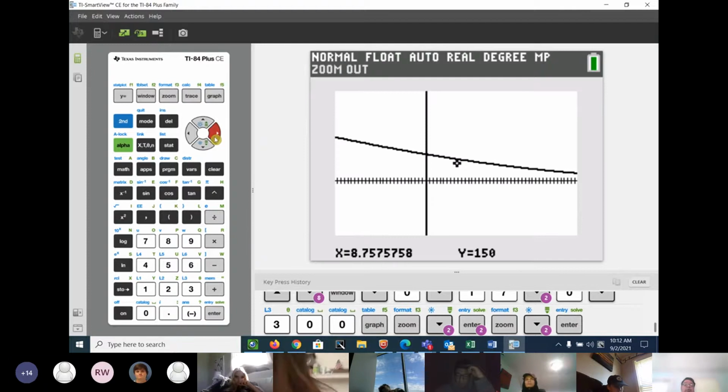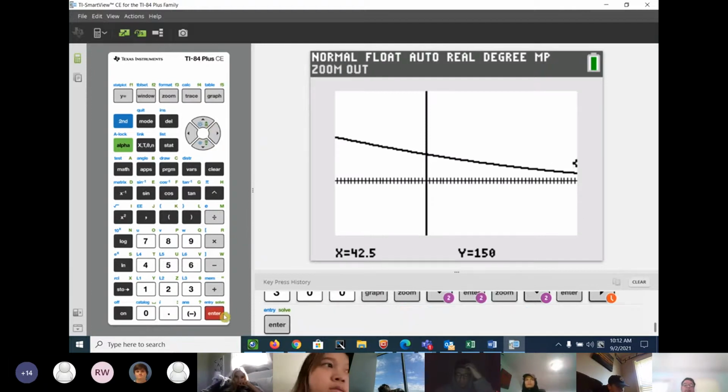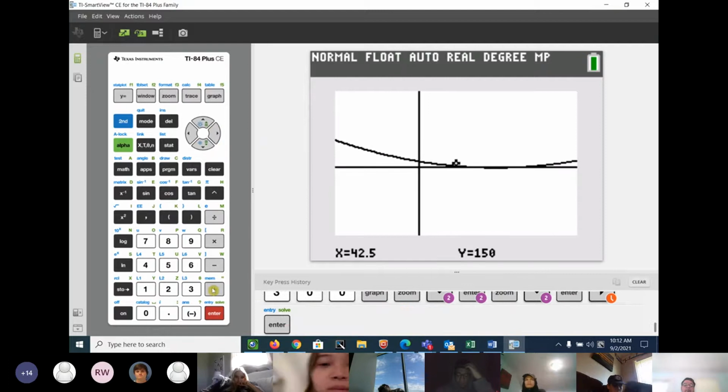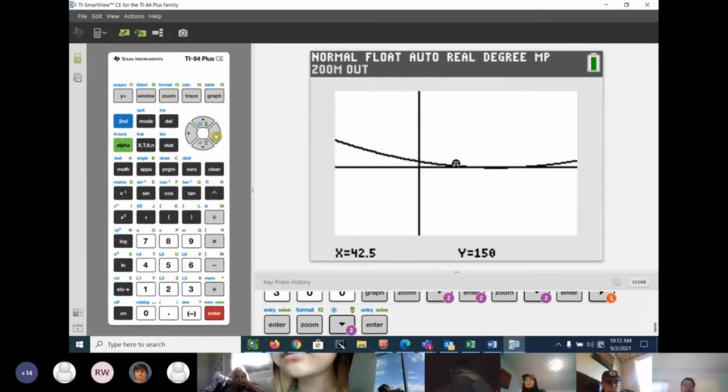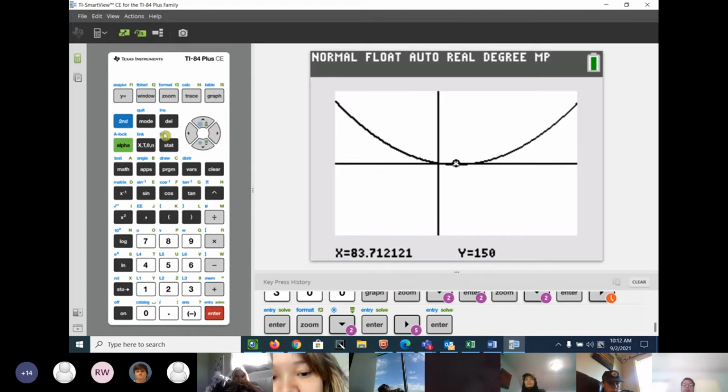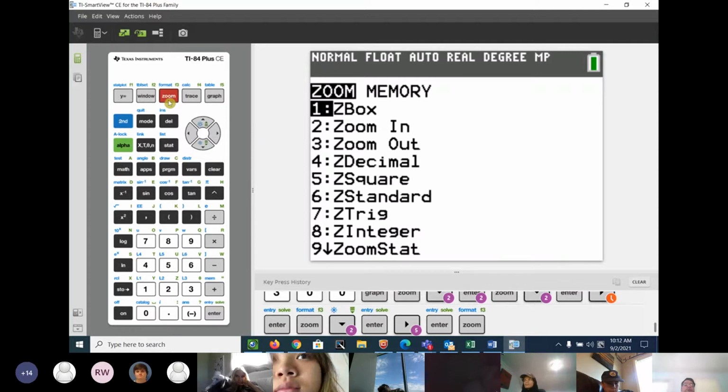We'll move over here and hit enter. And zoom out one more time. And move it right over here. Okay, now I'm going to go to zoom box.